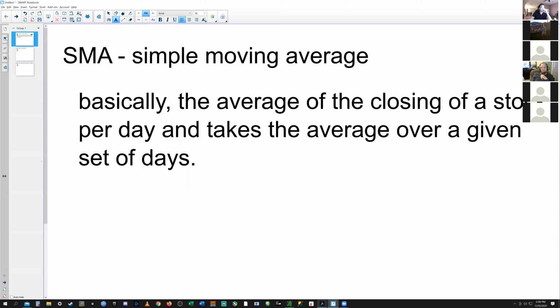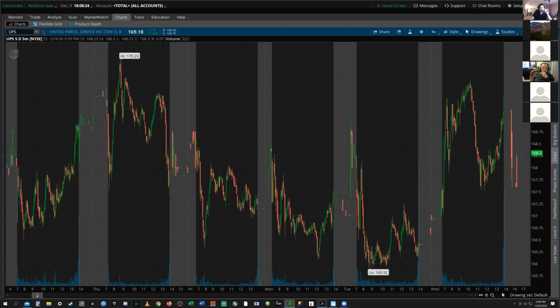So I pulled up UPS, and before I get into talking about the stock and the technical analysis, there's one thing I always want to emphasize, and the first thing is your candlestick. What we went over last week was each candlestick, where the green would mean, from the bottom of the thick part.